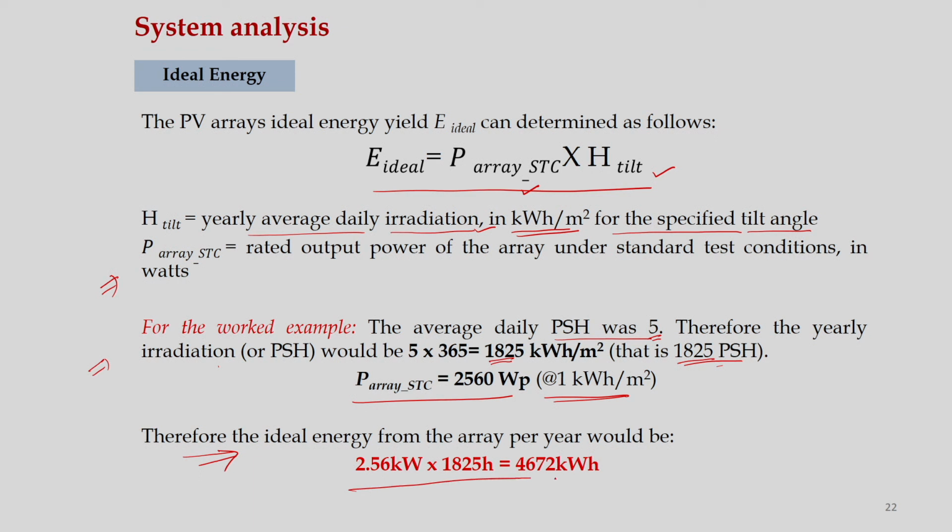This will be 2.56 kilowatt multiplied by 1825, which is 4672 kilowatt hour, because this is watt peak, so in kilo it will be 2.560 kilowatt, and 1825 is known to us. That way we can calculate the ideal energy from the array per year, which is equal to 4672 kilowatt hour in this exercise.